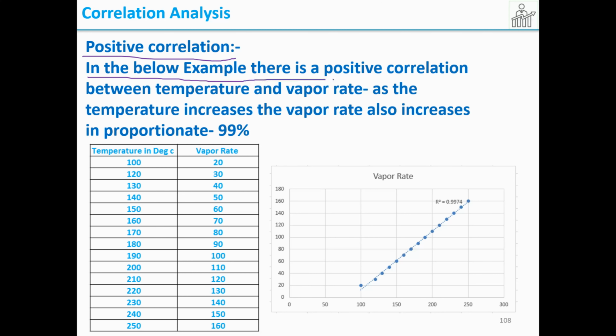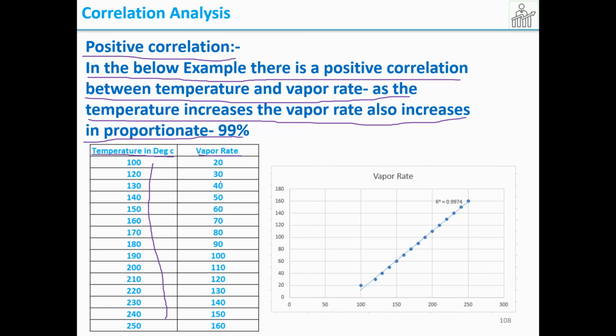In the below example, there is a positive correlation between temperature and vapor rate. As the temperature increases, the vapor rate also increases proportionately, 99%. They took two parameters, temperature versus vapor rate.